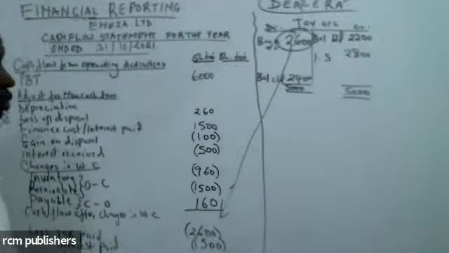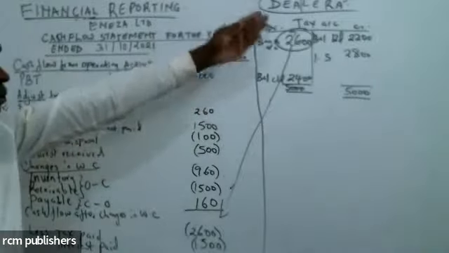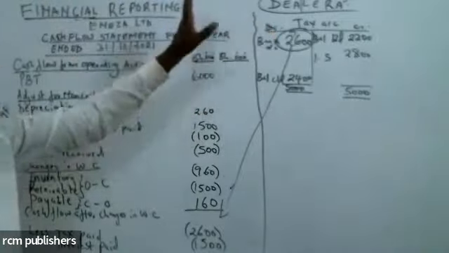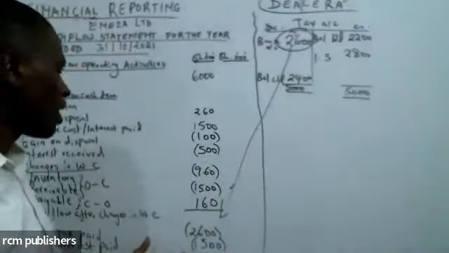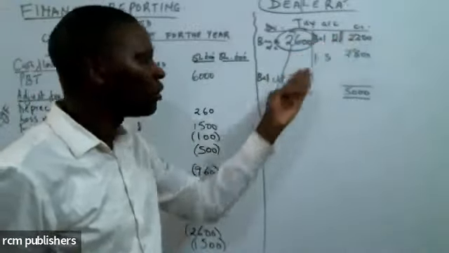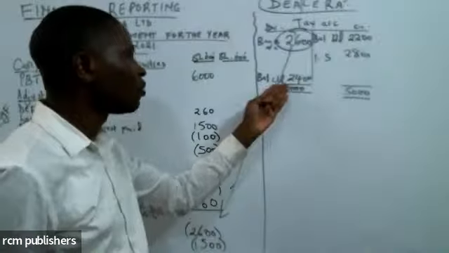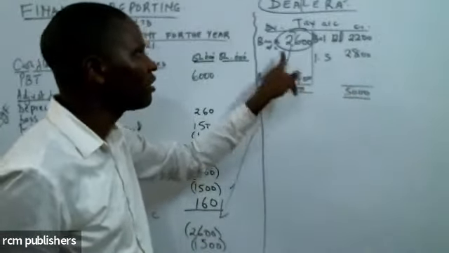Are we together? So when it comes to interest, you do the same. You open the account, you check balance brought down, balance carried down. Then what do we have in the income statement? For example, in our case, we have the balance brought down as 0, balance carried down as 0, then income statement as 1,500. So 1,500 balances the account.